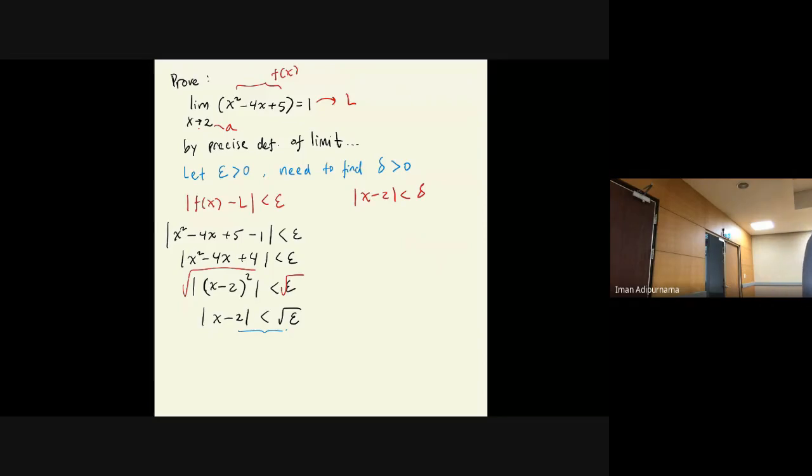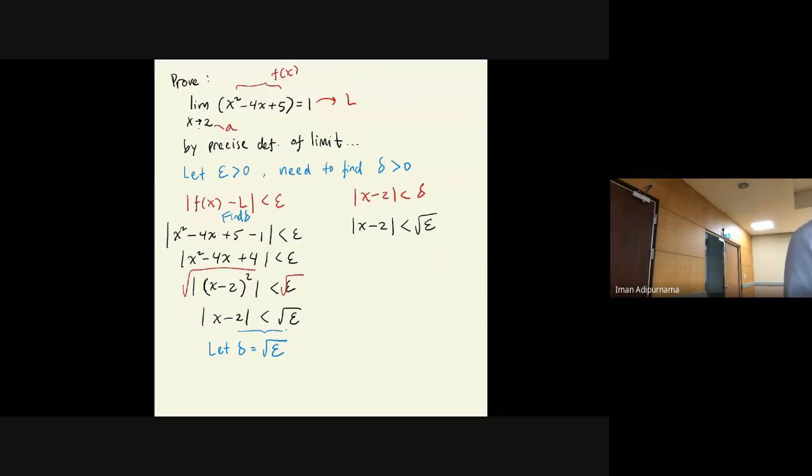So this part is to find delta. We can let delta equal the square root of epsilon. Then we need to show that when x minus 2 is less than delta, and because delta is the square root of epsilon, this is less than the square root of epsilon.